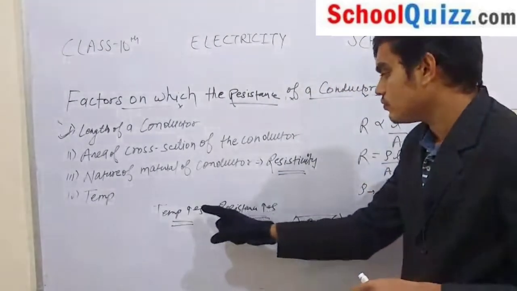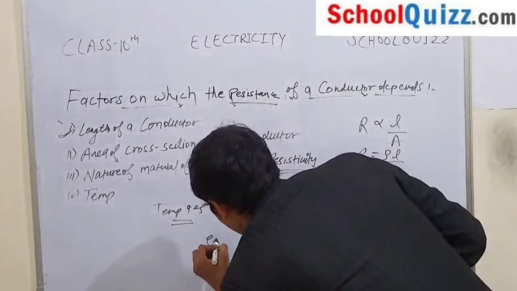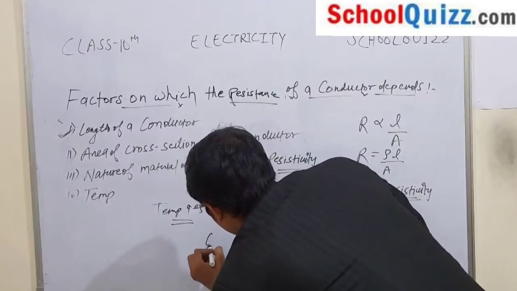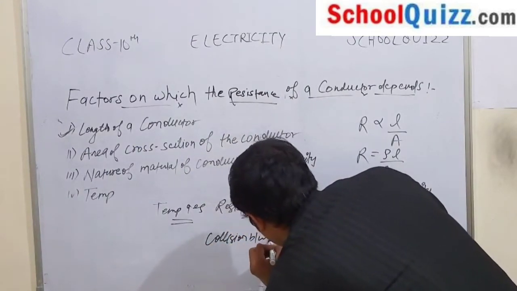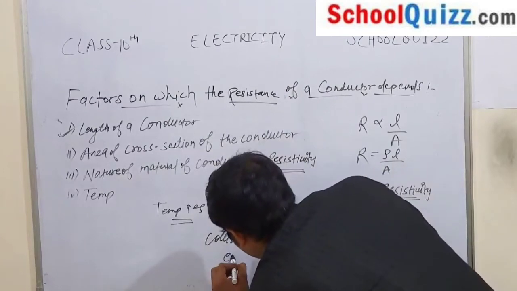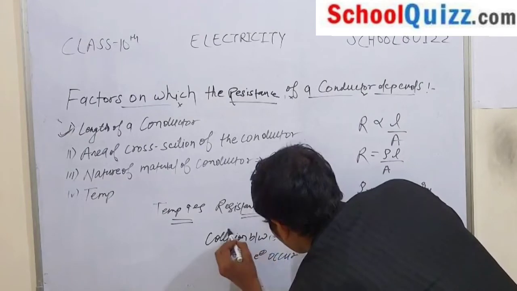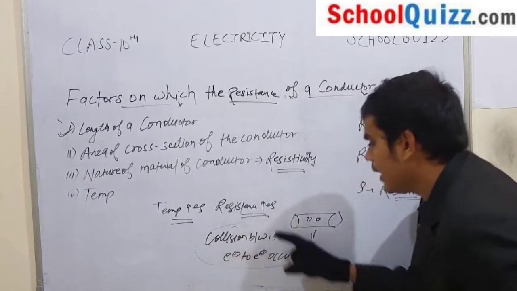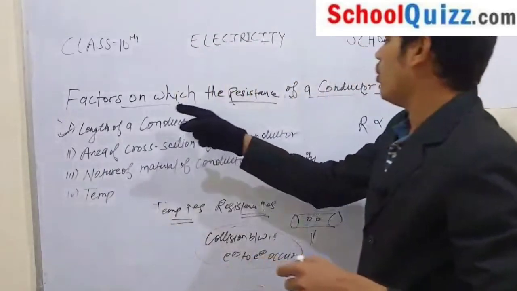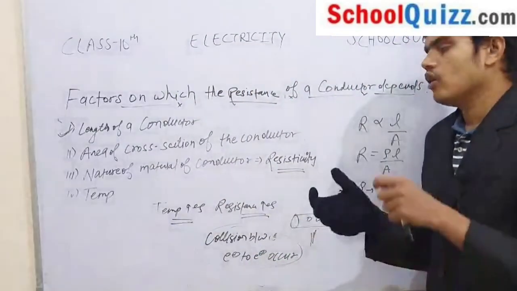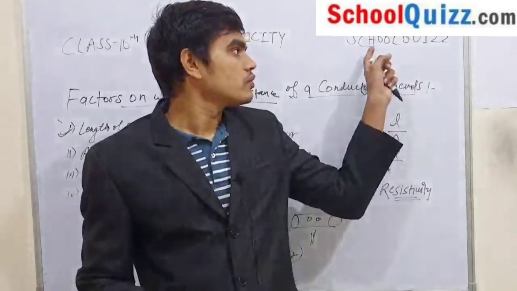So your resistance increases. So this is all about the factors on which resistance of a conductor depends. For numerical and MCQ, please go through our website, that is schoolquiz.com.